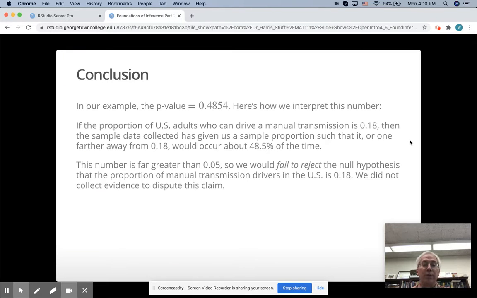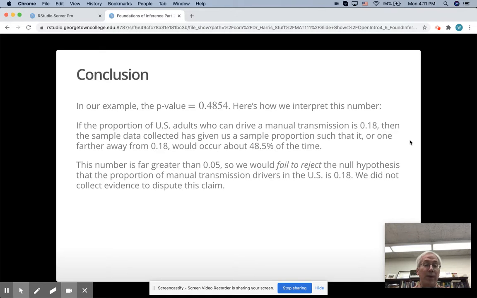If the proportion of US adults who can drive a manual transmission is 0.18, and that "if" phrase is just a restatement of the null hypothesis, then the sample data collected provided us with a sample proportion such that it, or one farther away from 0.18, would occur about 48.5% of the time.